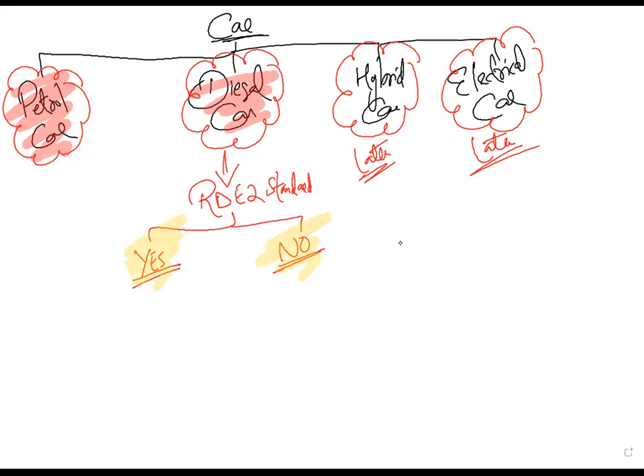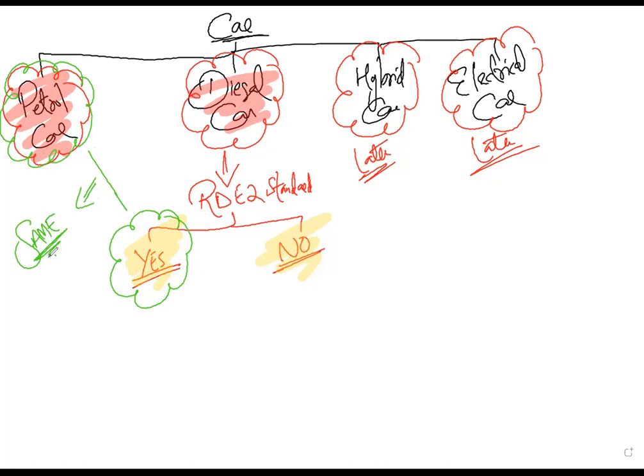No confusion. Okay. I need you to write down somewhere that a petrol car and a diesel car meeting RDE2 standards are treated the same. That is, a completely petrol car, or a diesel car which is meeting RDE2 standards, will be treated like a petrol car.